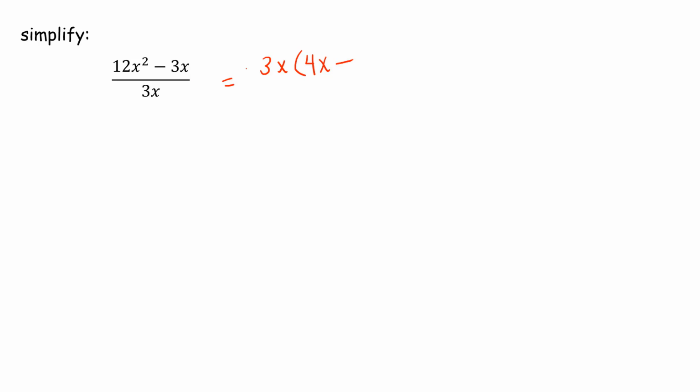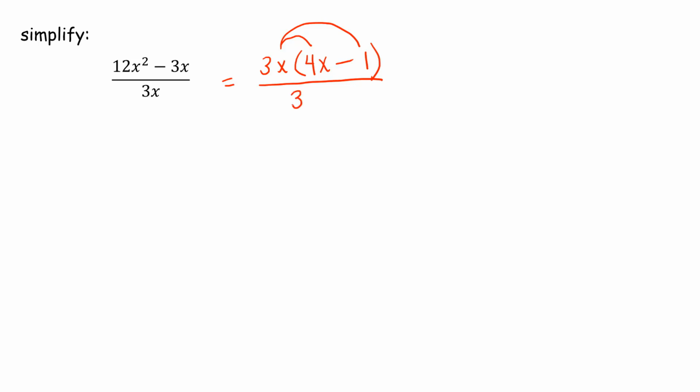For the 3x, I factored out a 3x, so all I have left there is 1, because I want this to multiply together to give me 12x squared minus 3x. I don't want to change anything, and so that is what I just did. It still equals 12x squared minus 3x, but I've just changed the way it looks. This is 12x squared. This is 3x, so it's 12x squared minus 3x, but I have factored it.